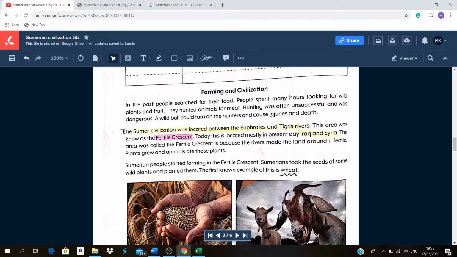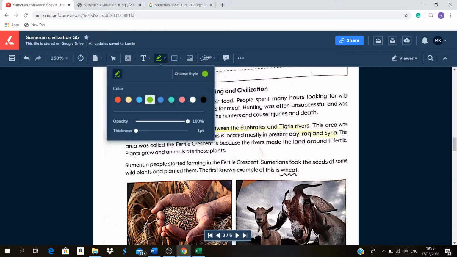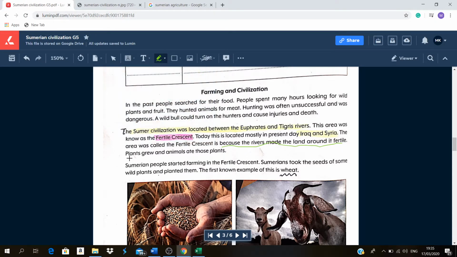This is important. Let's highlight this or underline it. It was called that because the river made the land around it fertile. Plants grew and animals ate those plants.